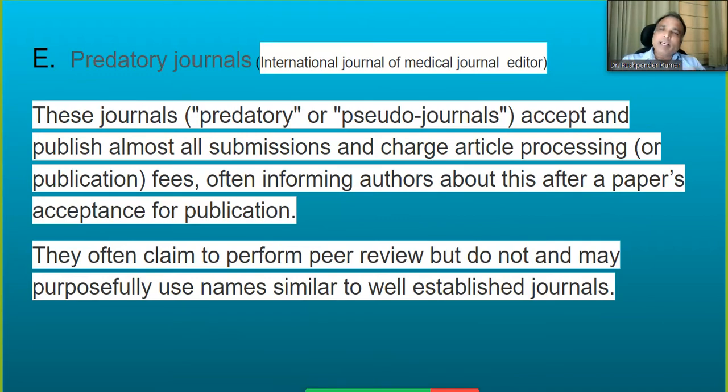Whatever paper you submit, they will charge processing fees from you and will publish it, right? They say you send your paper, we accept your paper and will publish it. Here you can see they often claim to perform peer review, but they don't, and purposefully use names similar to well-established journals. So this is a big crime.